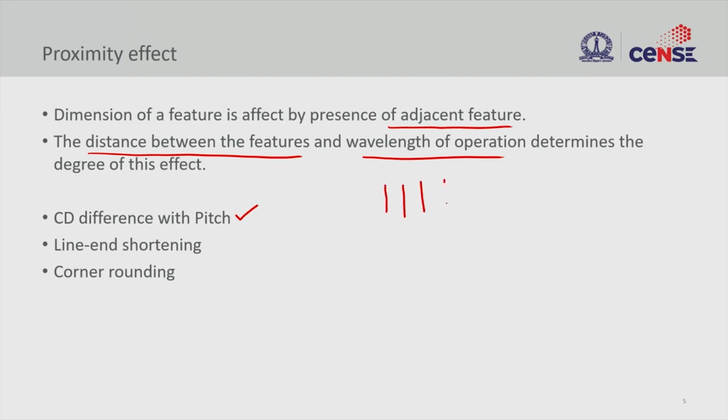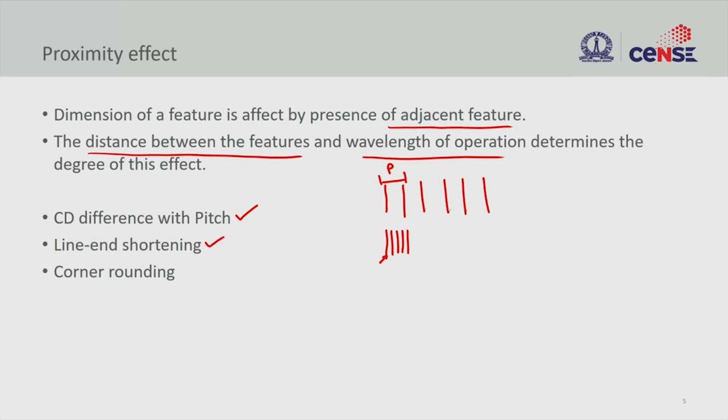If I have a line-space structure, the distance between two consecutive lines or spaces is what we call pitch. As I mentioned, if I reduce the pitch, my neighboring feature is coming closer to my line here. They are closely spaced, and this will have an effect on the trench width or the line width.